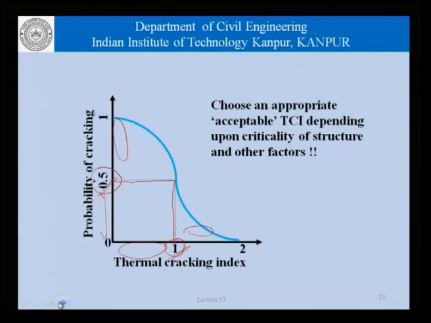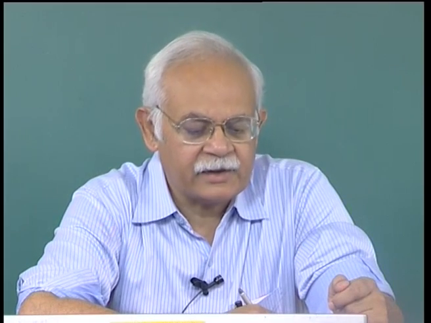So, the designer can specify that for a particular construction, the minimum thermal cracking index should be 1.5 or 1.7, and then the entire discussion becomes focused on whether we are able to get that thermal cracking index considering the heat generation as well as heat dissipation.